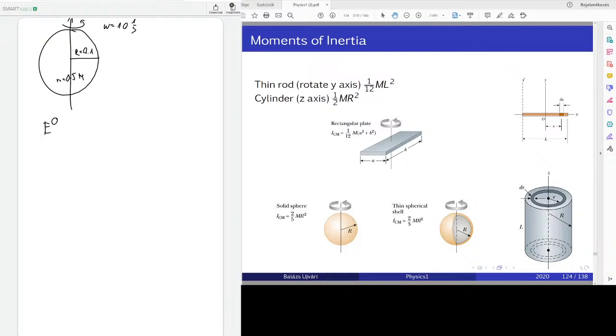So this is 1 over 2 the ball moment of inertia times omega square, 1 over 2 times 2 over 5 times m times r square times omega square. So it's 1 over 2 times 2 over 5, 0.5 times 0.1 square times 10 square.